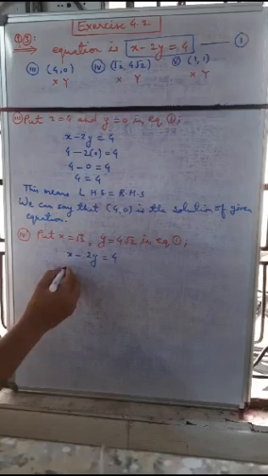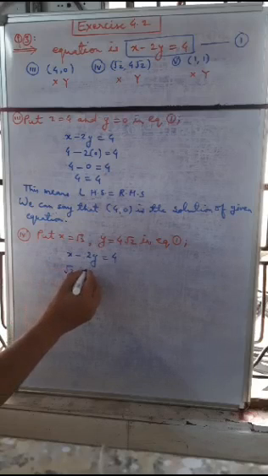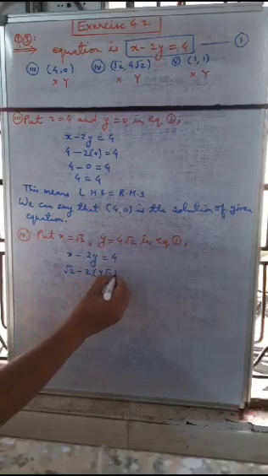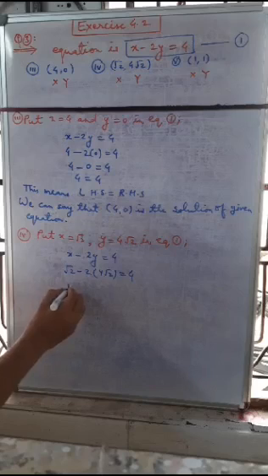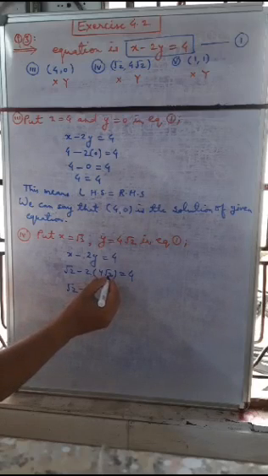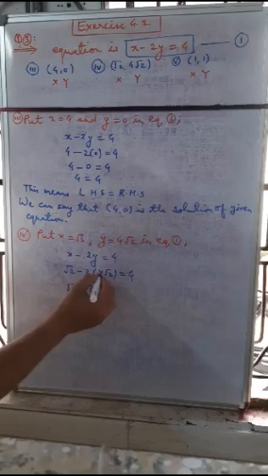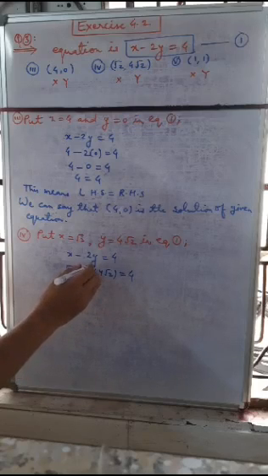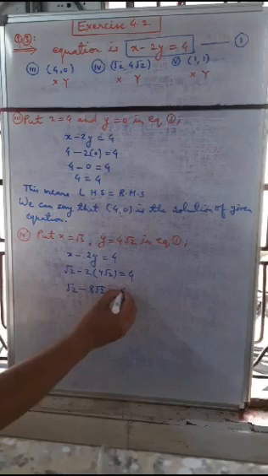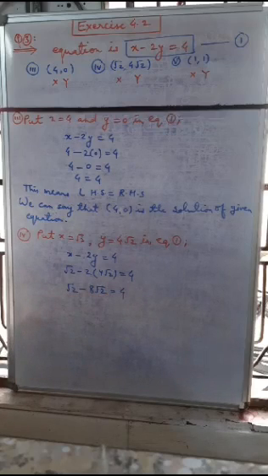x is equal to root 2, so root 2 minus 2, y is equal to 4 root 2, is it equal to 4 or not? So root 2 minus 4 2s are 8. Root 2 will not be multiplied here, because 4 and 2 are rational numbers. So they will be multiplied, and the product of 2 into 4 is equal to 8, and again we copy root 2 is equal to 4. So is this possible? Root 2 minus 8 root 2 is equal to 4.